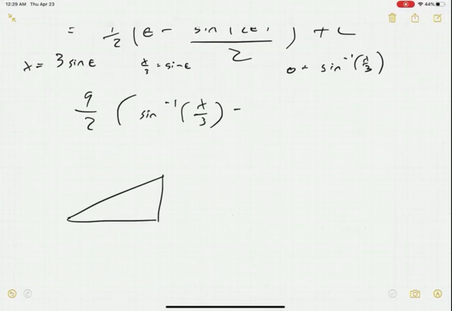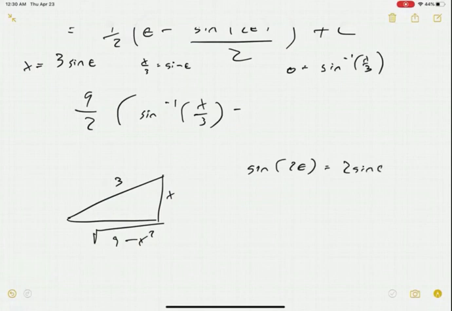We said x equals 3 sine theta, so this is my triangle. Remember, sine 2 theta, this is another identity to know, is 2 sine theta cosine theta. So what's sine theta? This over this.